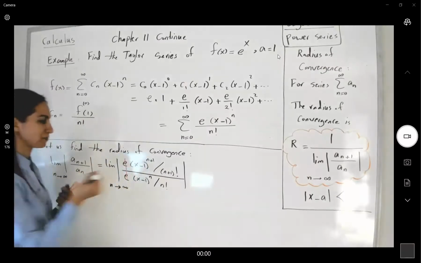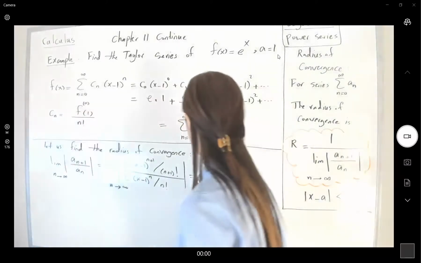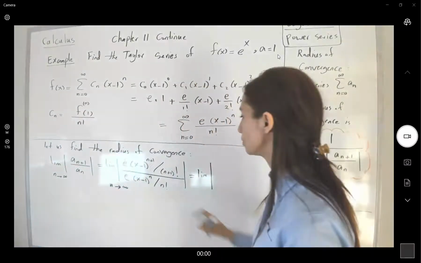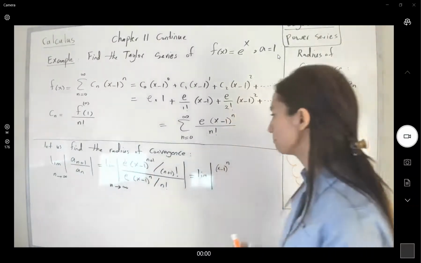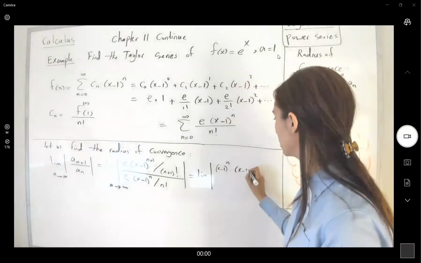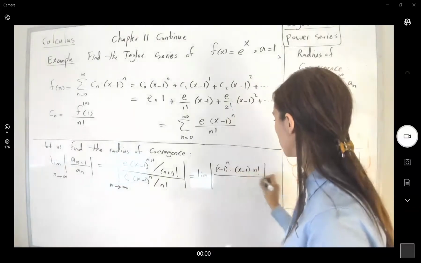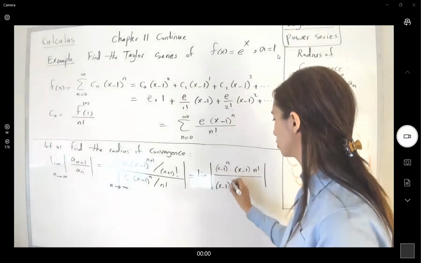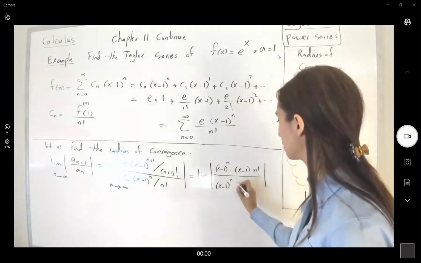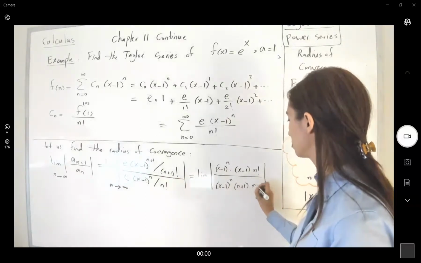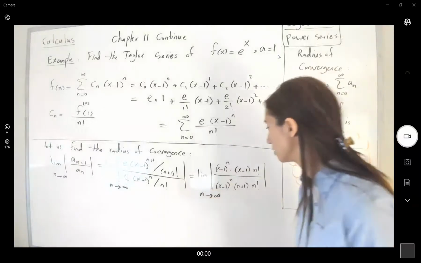What's left? You're left with the limit of the absolute value of (x-1)^n times (x-1) times n factorial divided by (x-1)^n times (n+1) factorial, which is (n+1) times n factorial, as n goes to infinity.